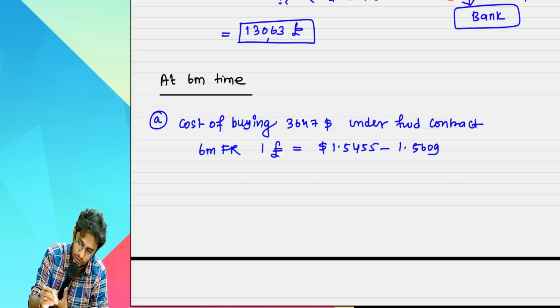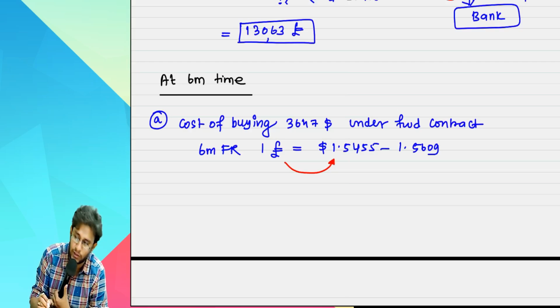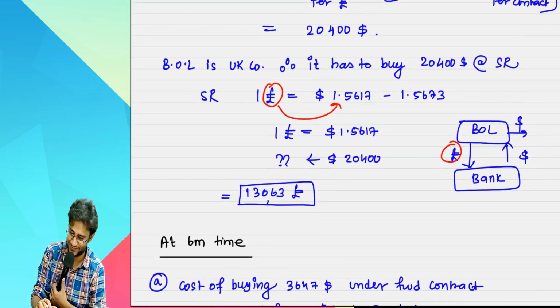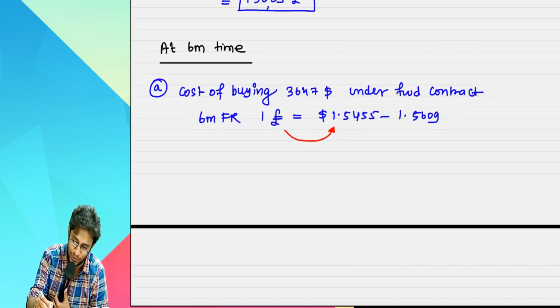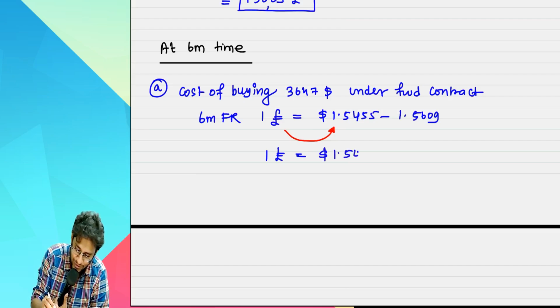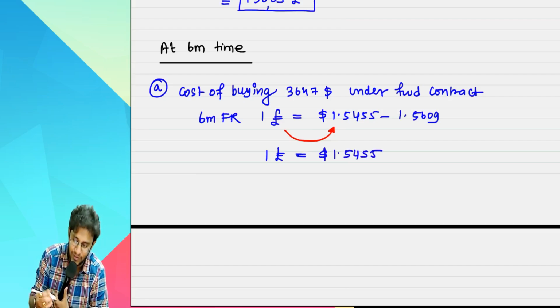This time you are smart, you will understand. Bid rate will be selected. Just now you selected, no sir. Again you will make a mistake in the diagram, I know. 1 pound is equal to dollar 1.5455.